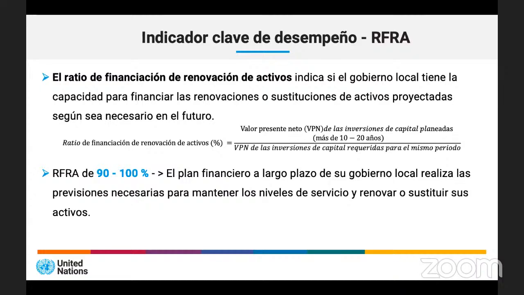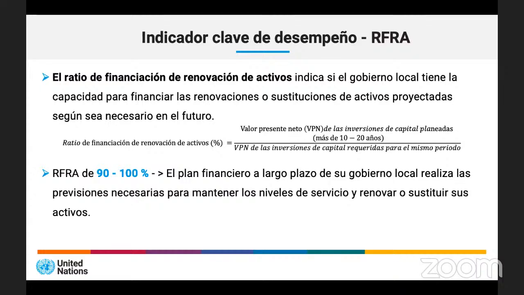If this ratio is covered from 90 to 100%, then your local government or municipality's financial plans make adequate provision for maintaining the assets at existing levels of service and renewal or replacement. If it's lower than that, then it's not enough funds, and we have to borrow. If it's over 100%, then we are overspending, or maybe we are renewing or replacing the assets too early.